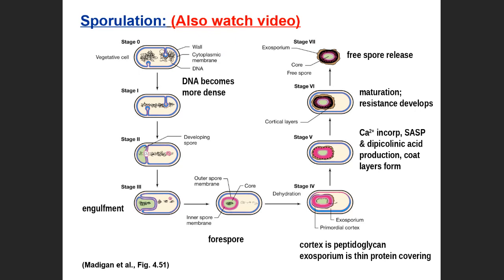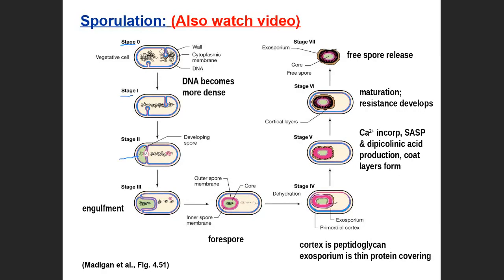There's a stage 0, whereby the cell begins to prepare for sporulation, and then with stage 1, the DNA becomes more dense. In other words, it's preparing to separate out. And then an initial spore starts to develop in stage 2.